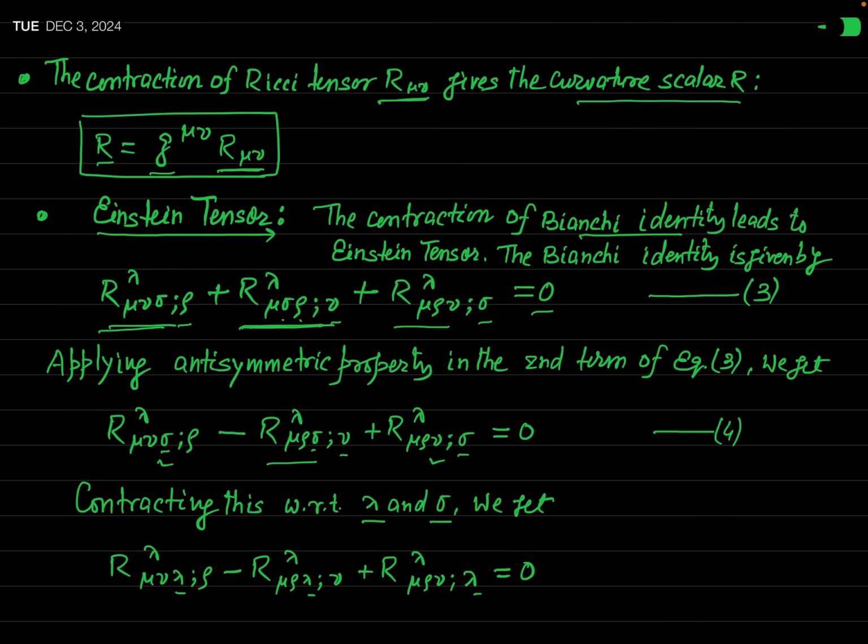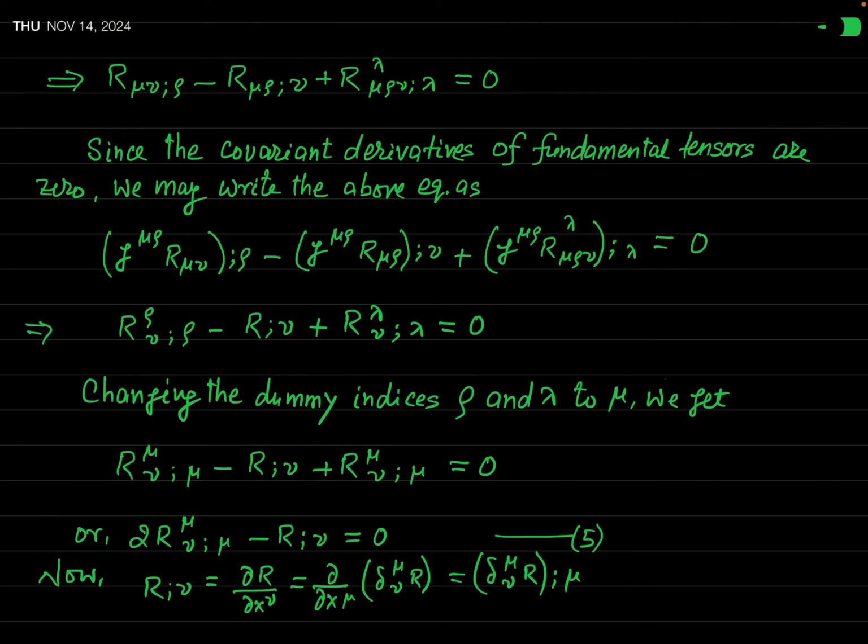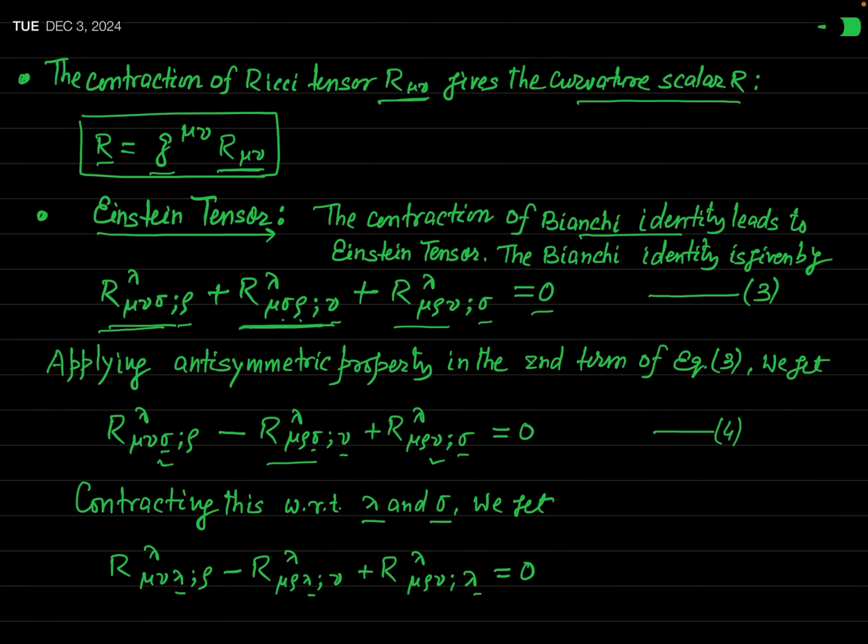Now this expression can be written like this. Since here lambda and lambda are both common, at the place of the contravariant index and covariant index, you know by the process of contraction that it will get omitted, and the first term will be only R mu nu semicolon rho. It means this will be the covariant derivative of the tensor R mu nu with respect to rho.